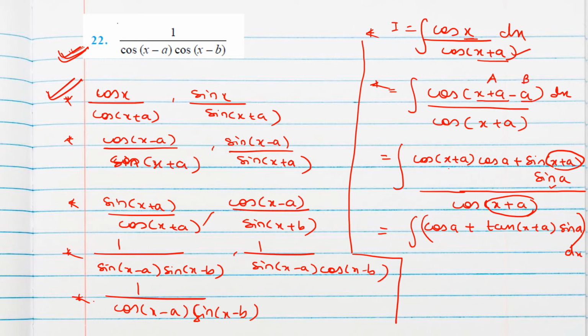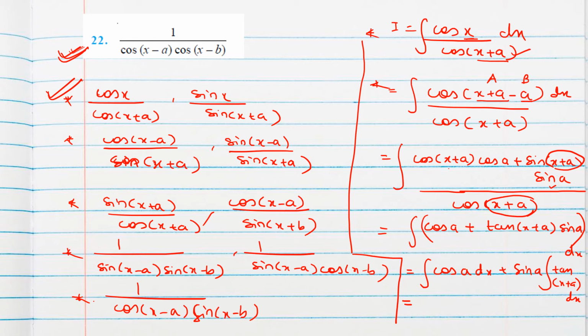dx. Now if you separate the integral: cos a integral dx and sine a integral tan of (x plus a) dx will come. Okay, cos a and sine a we can treat as constants, so these will be coefficients here.